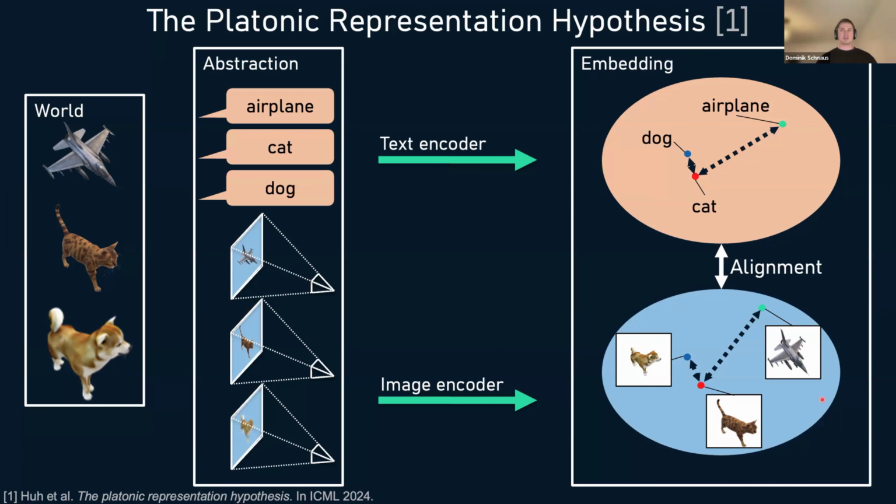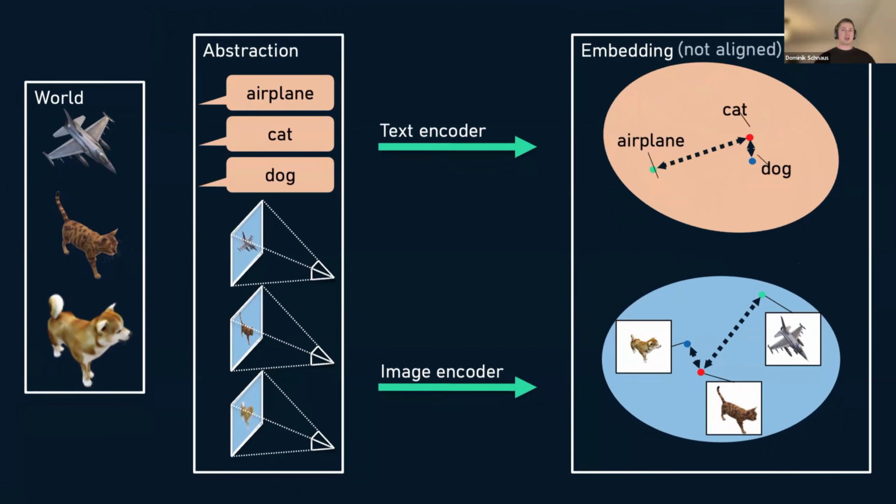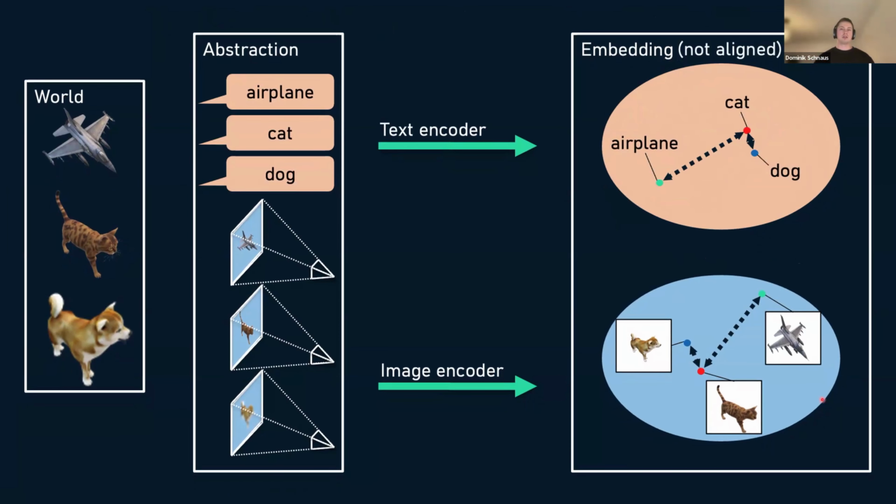So how can we use that to find correspondences now? Assume we have unpaired data, and we try to align these two modalities and these two embeddings. Then we try to align the pairwise distances as well as possible by permuting the text embeddings.